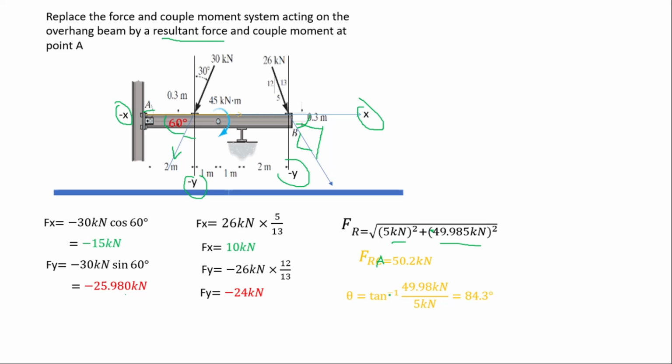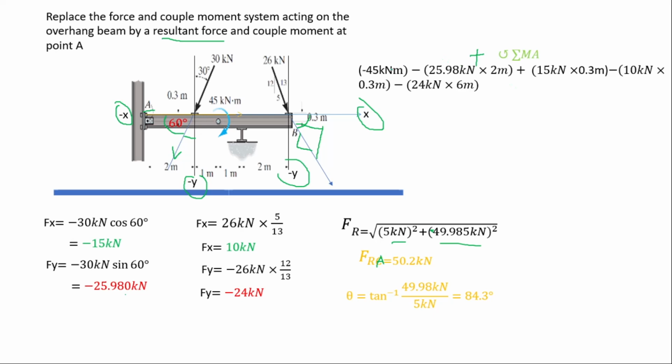After that, we are supposed to find the couple moment at A. When finding the couple moment at A, we are taking anticlockwise to be positive. Now this is what we get: negative 45 kilonewton meter, because this force is moving in the clockwise direction, opposite my positive direction, so it will be negative.